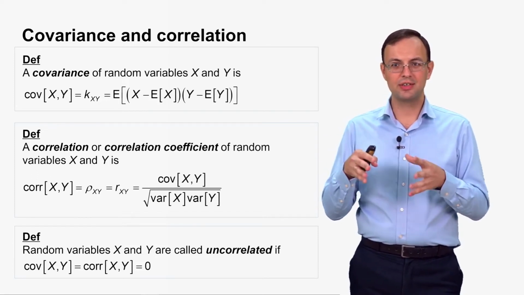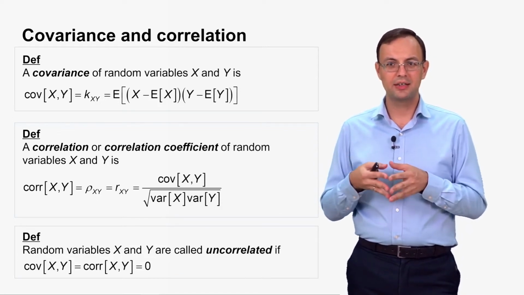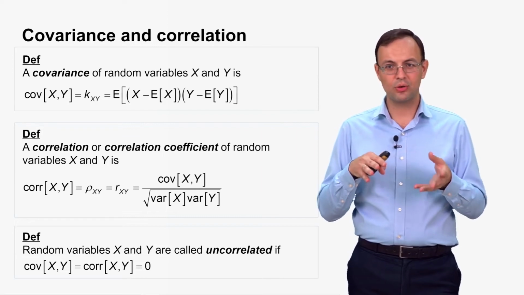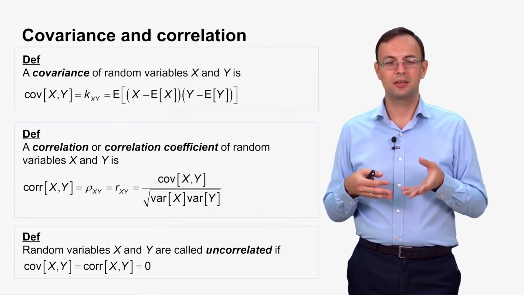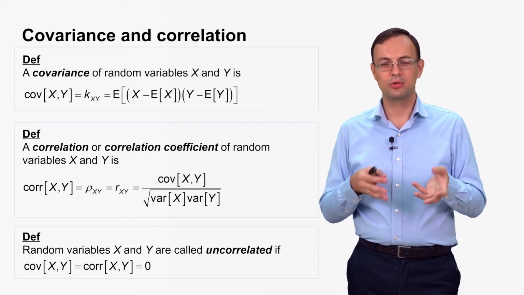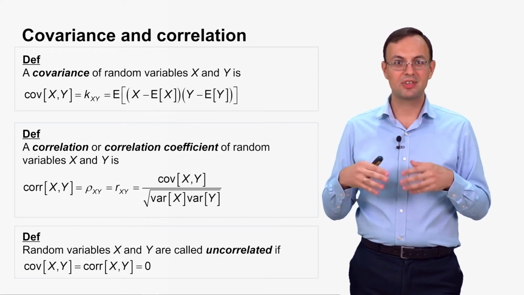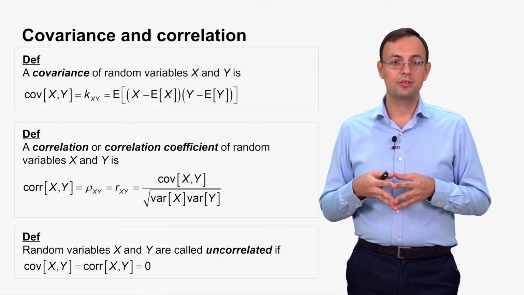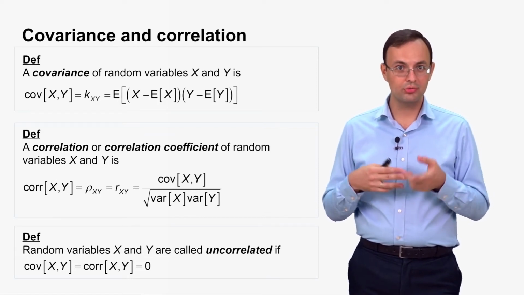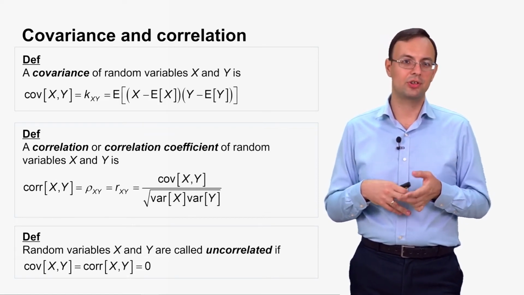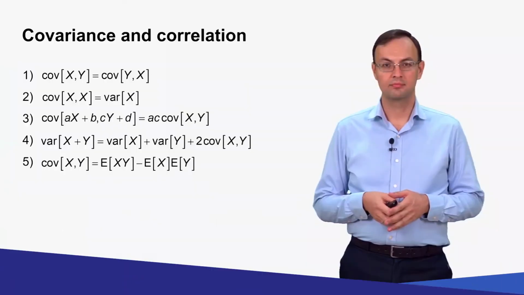As correlation is covariance divided by something, they are either both equal to 0 or both not equal to 0. That is why covariance equal to 0 or correlation equal to 0 is enough to call these two random variables uncorrelated. If this equality is not true, so if covariance and correlation are not equal to 0, they are called correlated.